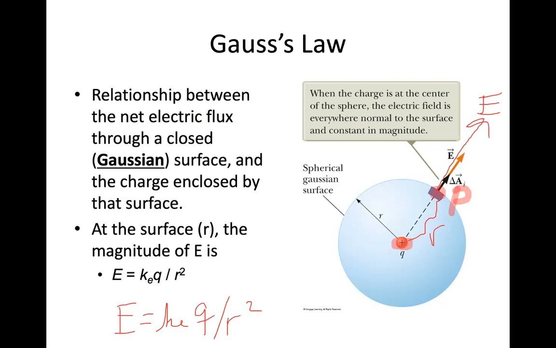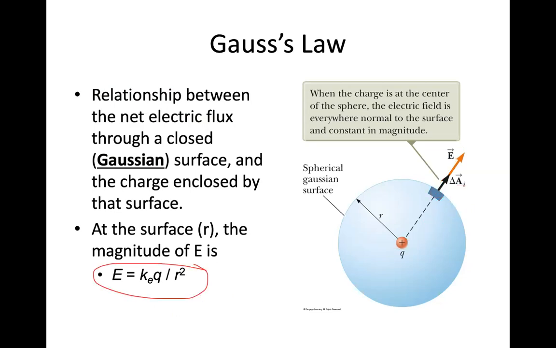Well, we're going to see how to get this same exact answer, but using all this flux stuff. If we want to know what the electric field is at point P, the very first thing we're doing is creating our Gaussian surface, because Gauss's law requires a closed surface.